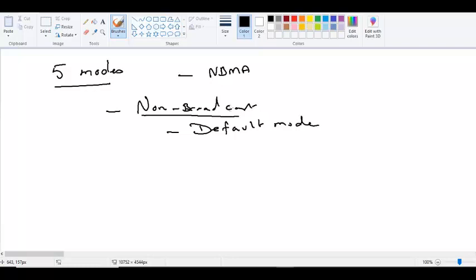But if you go and say frame relay, and then enable the interface on that frame relay, then enable OSPF on that frame relay interface, then it will be non-broadcast.